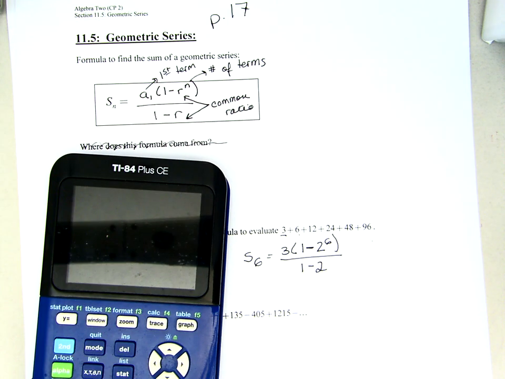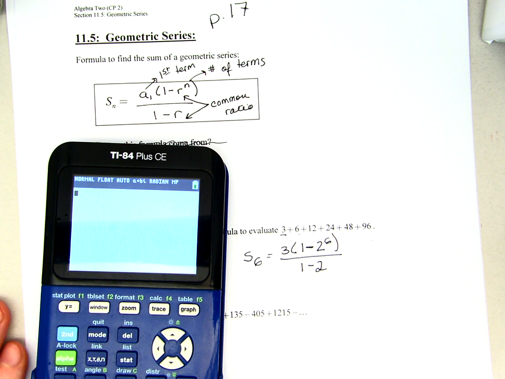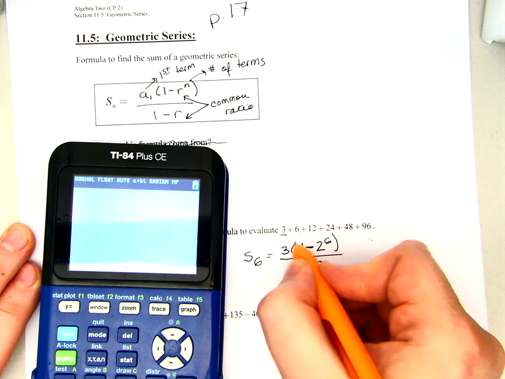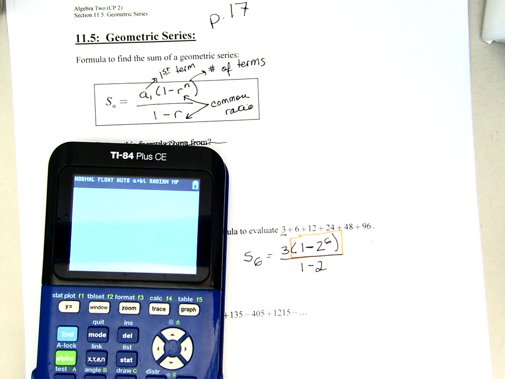Okay, let's type things in. I'm going to do this in 3 steps because it is very easy to make small mistakes when you type things in here and get a very wrong answer. I'm going to start by dealing with what's inside those parentheses. I'm going to type in 1 minus 2 raised to the 6th power, and then push enter. I've got negative 63.